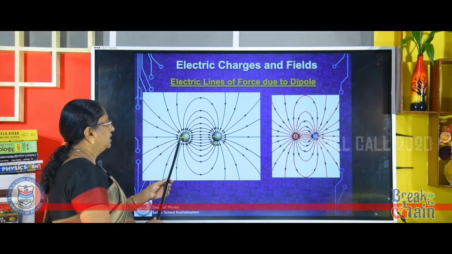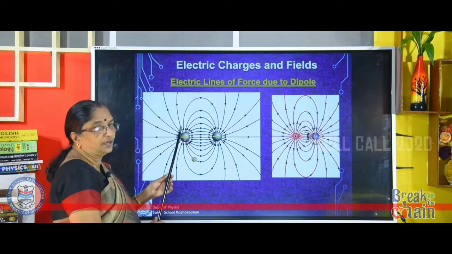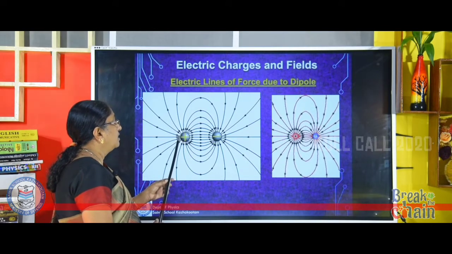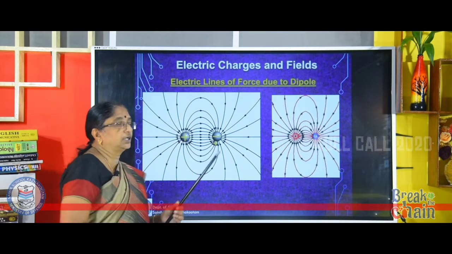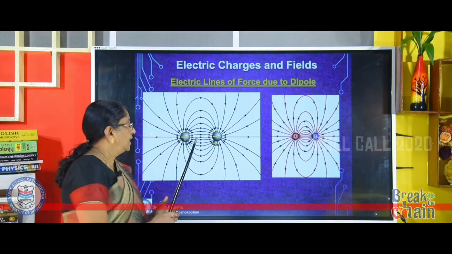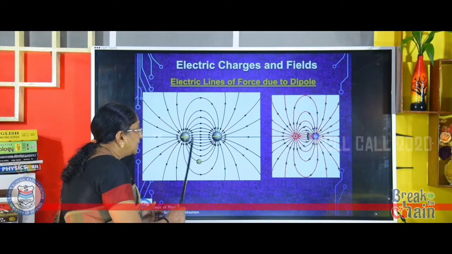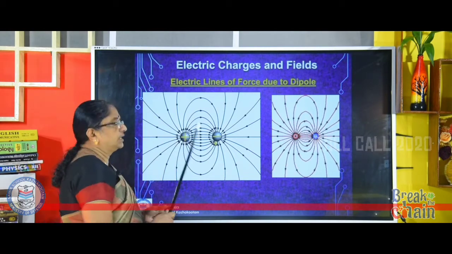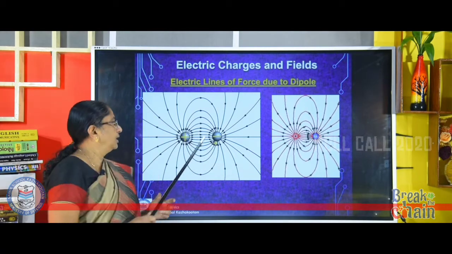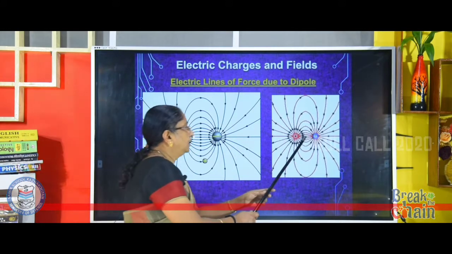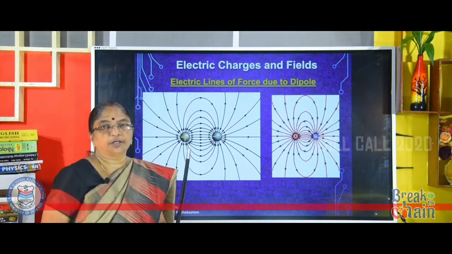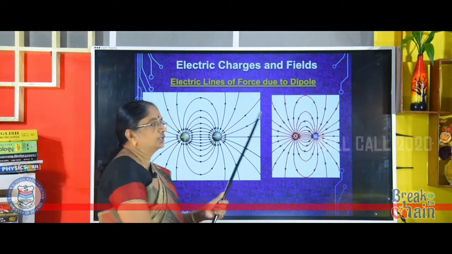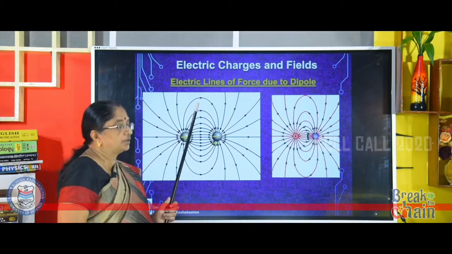Here we can see the movement of a test charge from this positive charge to the negative. And see the exactly middle line, it is straight. Positive and negative charge will attract, and that is due to a dipole. And here you can see another animated picture, electric lines of force due to a dipole.